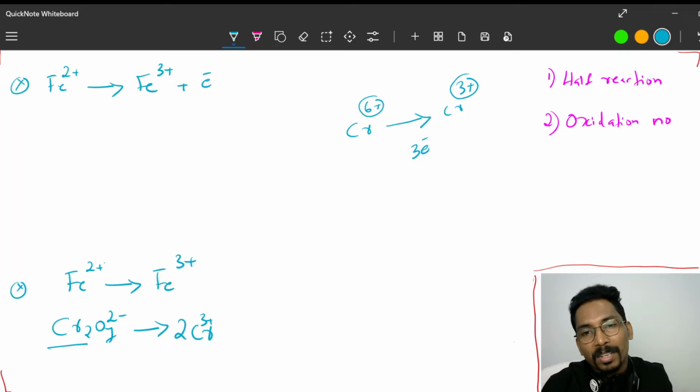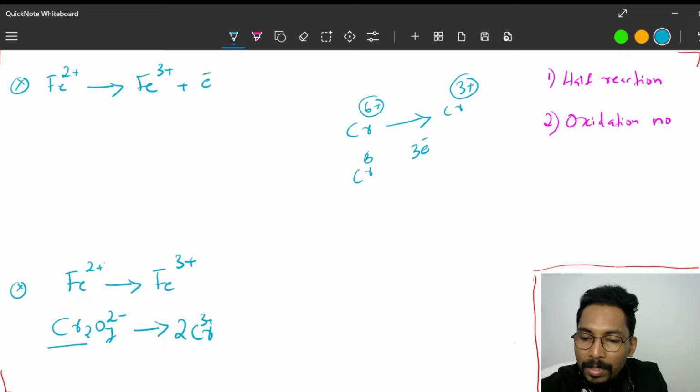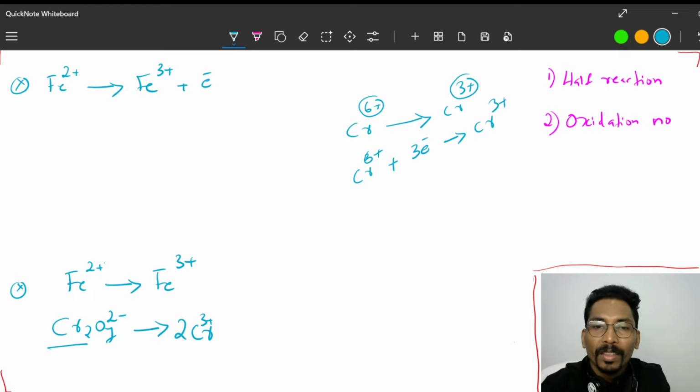Two chromium atoms are there. So one Cr6+ will gain 3 electrons. For example, Cr6+ plus 3 electrons becomes Cr3+. That is for one chromium, but you have two chromium.